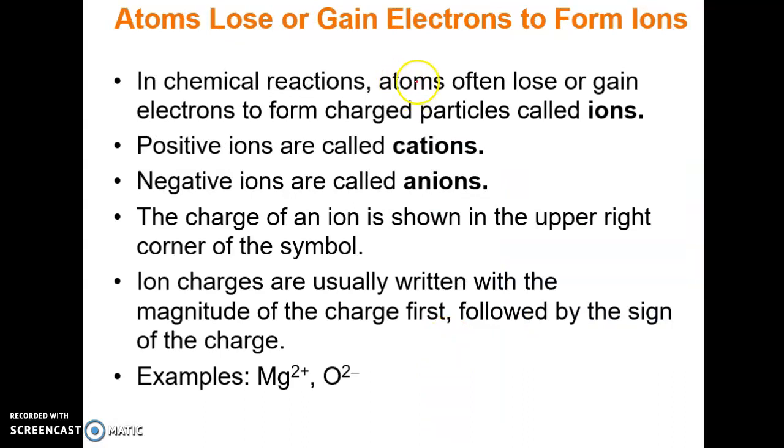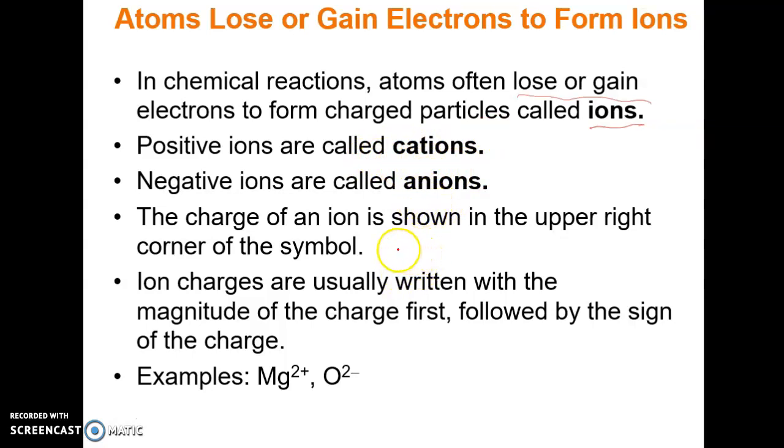So atoms will lose or gain electrons to form ions. In chemical reactions, atoms will often lose or gain electrons to form particles called ions. Ions means that it has a charge. Positive ions are called cations. Negative ions are called anions.